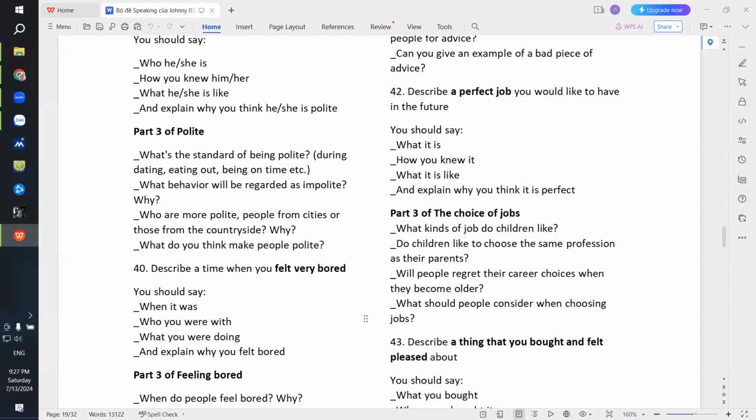All right. So what do you think, Ms. Trang? What should people consider when choosing jobs then? I think when choosing a job, people should consider different important factors. First, they should do some self-reflection to figure out what their interests, strengths and weaknesses are. Those are very important to understand about themselves.